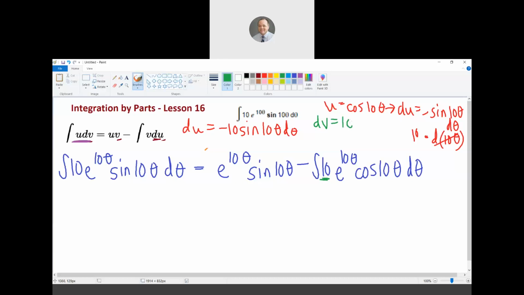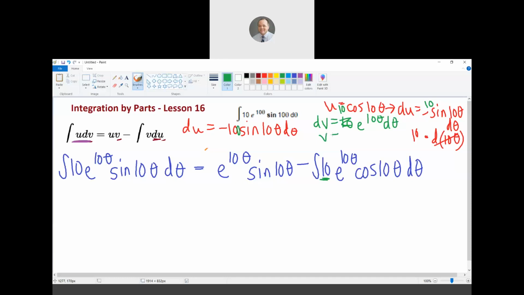So we'll let dv equal 10 times e to the 10 theta d theta. Actually, I do need to move that 10 right here. Sorry about that. So that's actually going to turn this into negative 100 in front.